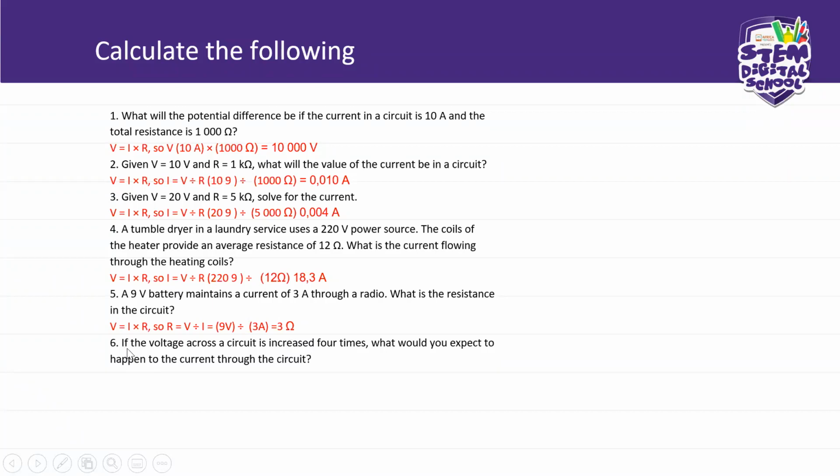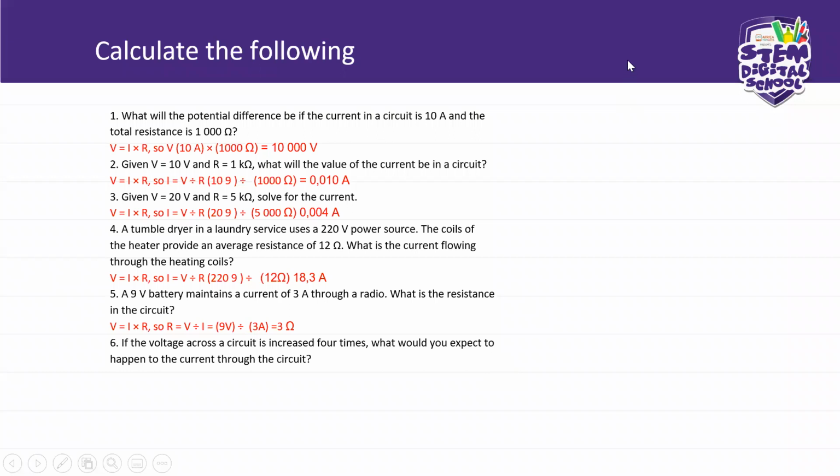If the voltage across a circuit is increased 4 times, what would you expect to happen to the current through the circuit? When you increase the voltage... We must all chorus now, because we all know the answer for this one.